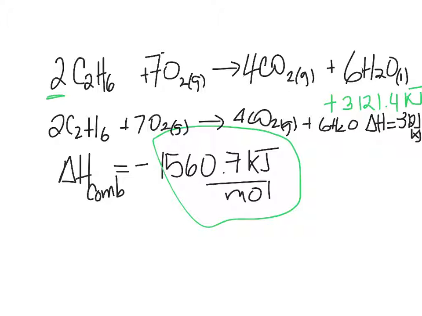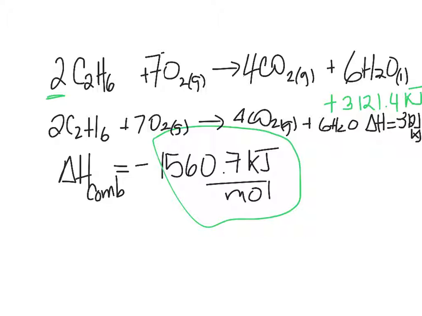Your delta H goes on the end. You have to put the negative sign in to indicate that it's exothermic. You could just do plus. You can put the plus if you're putting it in the thermochemical equation as a product.